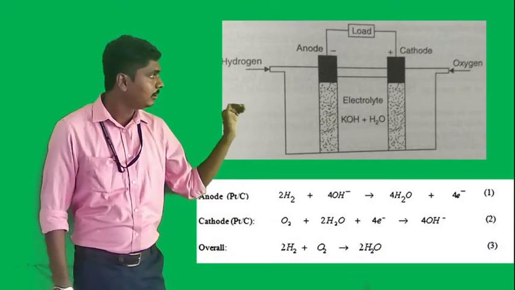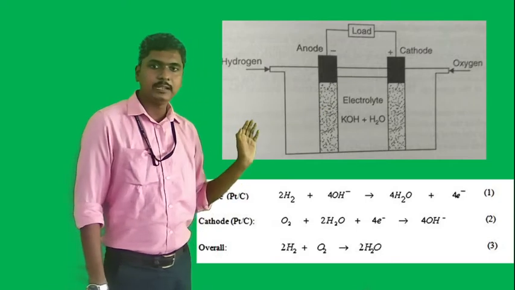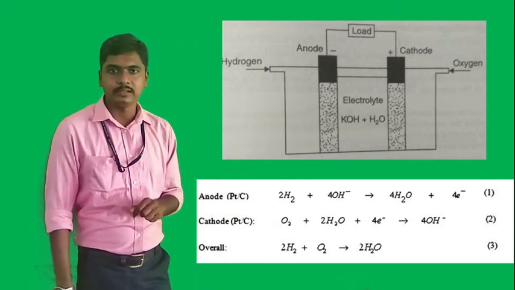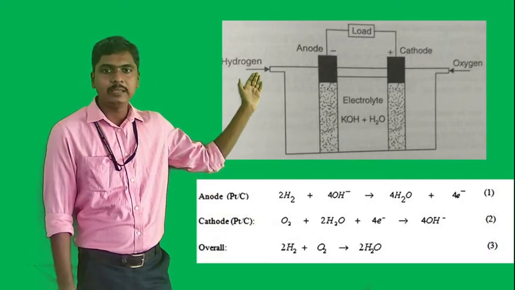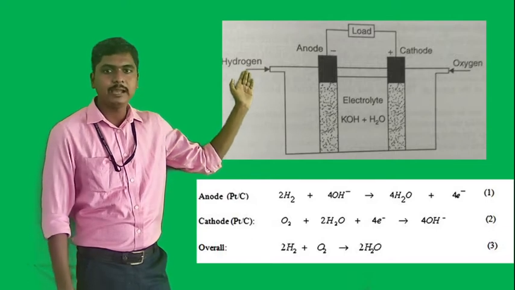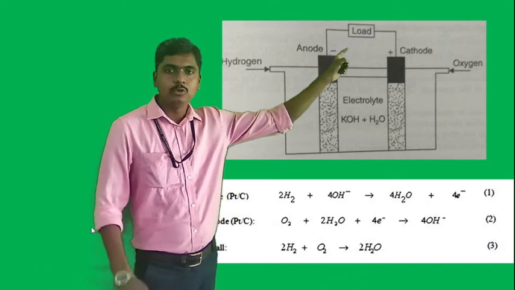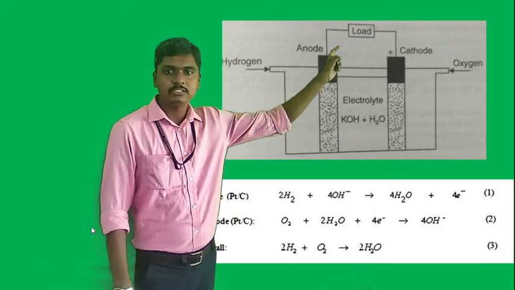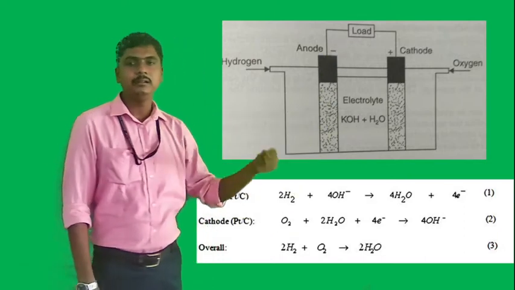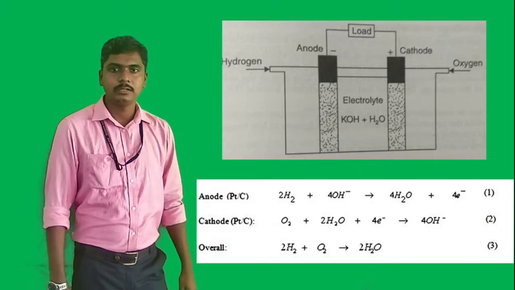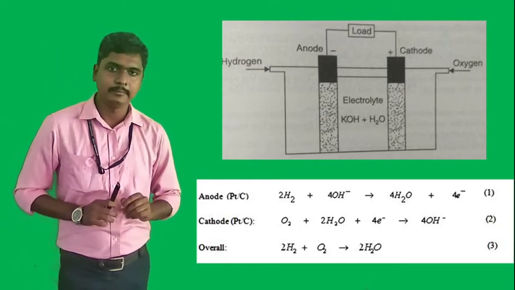If electrons flow from one point to another, then in this process it will produce electricity. So overall we have converted the chemical energy of hydrogen, the chemical energy of the fuel, to electricity directly without any intermediate stage. And as a byproduct we are getting water and heat. Clear? So that is all about the working principle of the fuel cell.